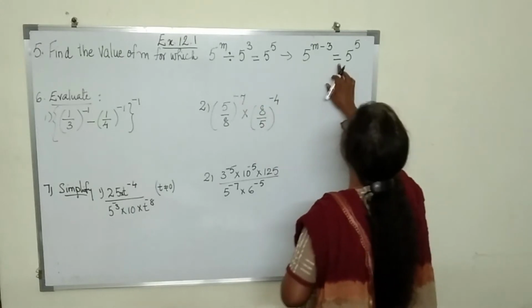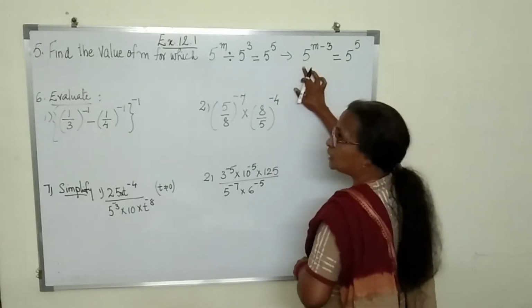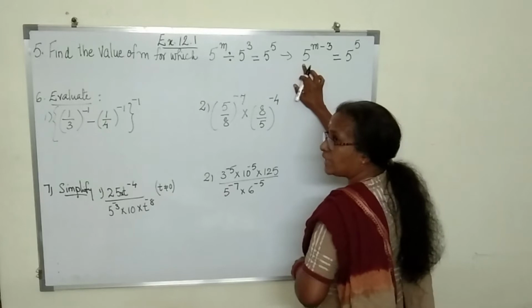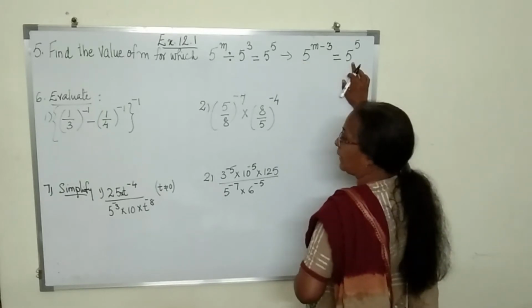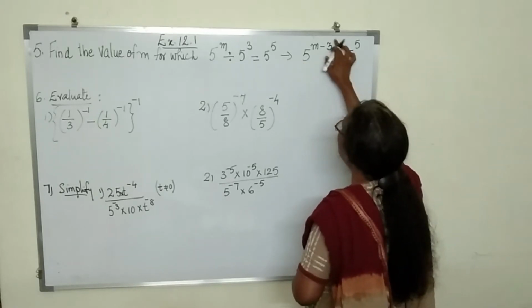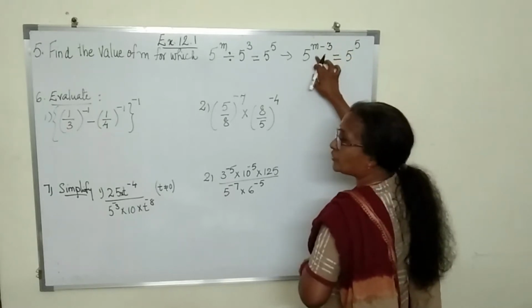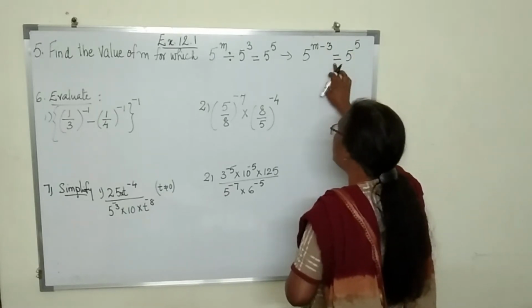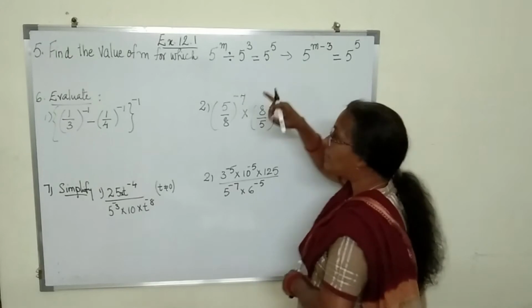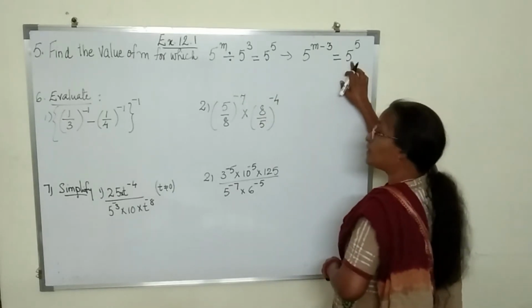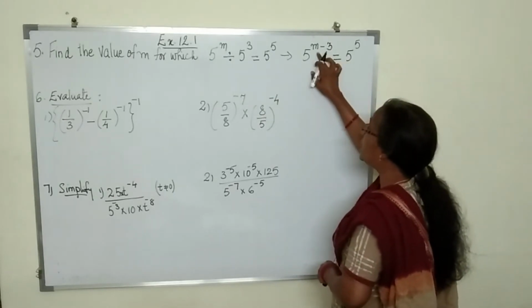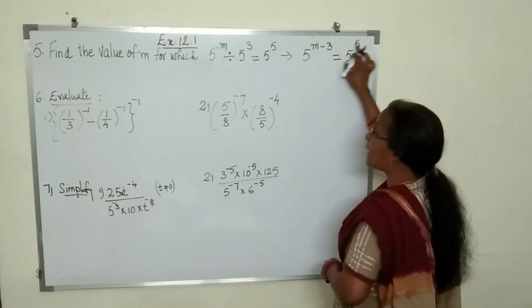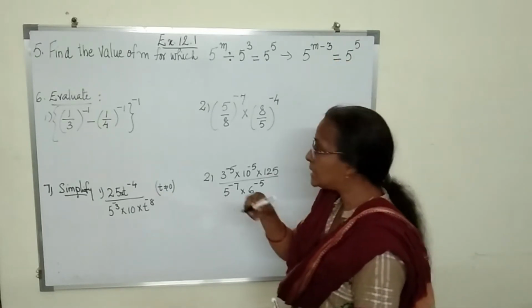Now see here, this is an equation with two sides. Here the base is 5, here also the base is 5. Here the exponent is m minus 3 and here it is 5. Because these two powers are the same and the bases are also the same, the exponents will also be the same.